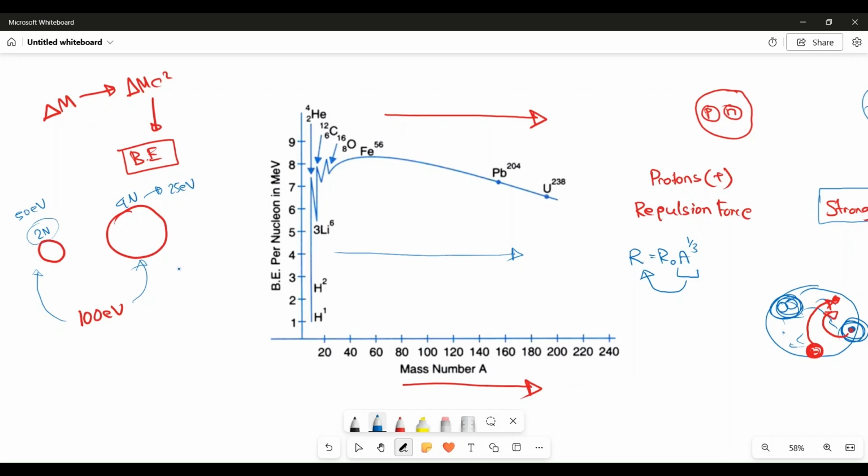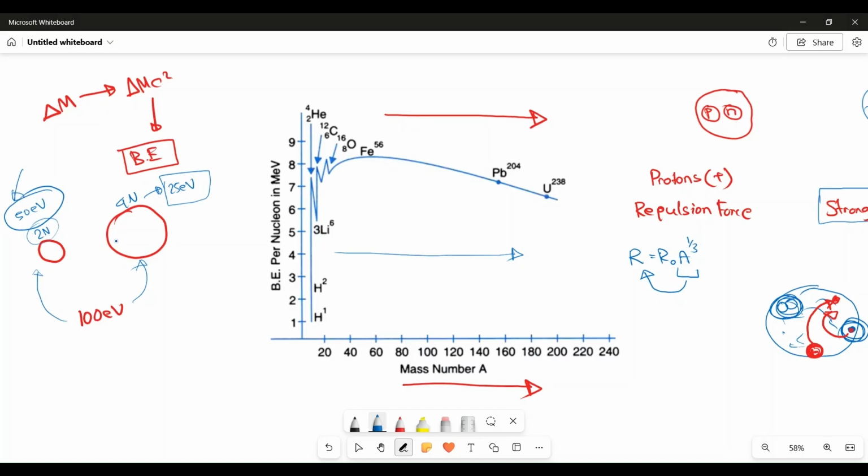In which case will the stability of the nucleus be stronger? Obviously here, because if you want to take one nucleon from the nucleus, you have to fight against 50 electron volts. And here you have to fight against 25 electron volts. Fighting against 50 electron volts will be harder, right?